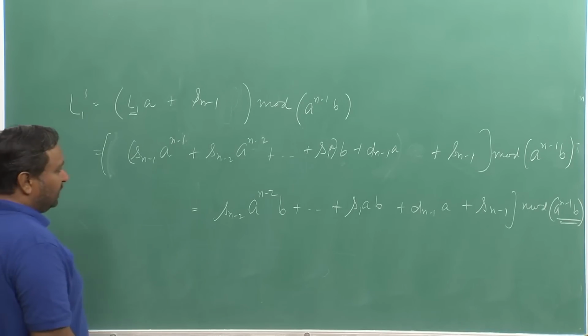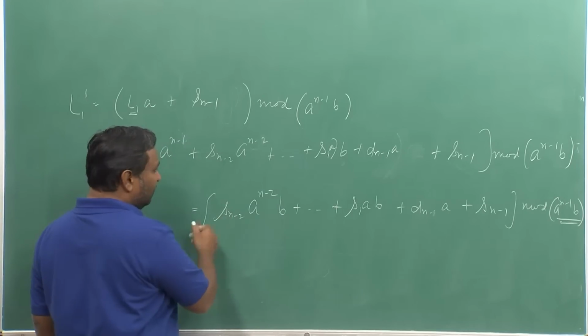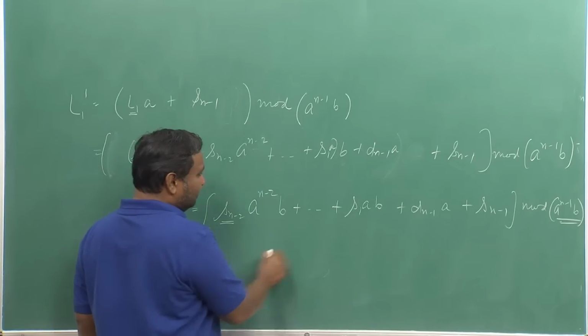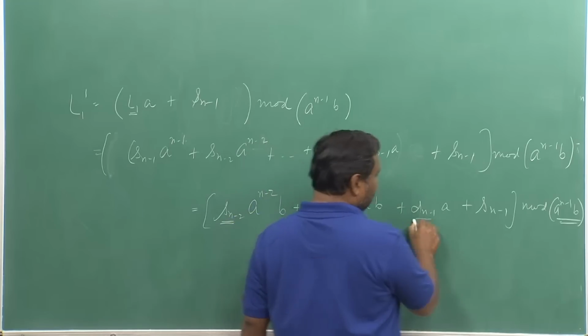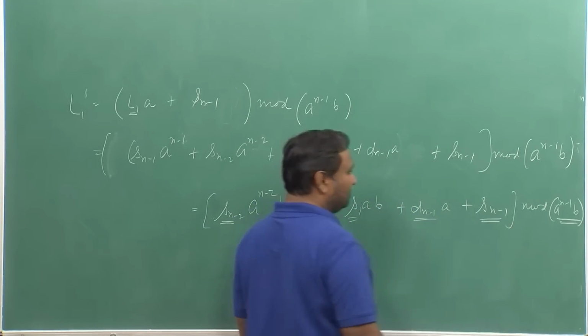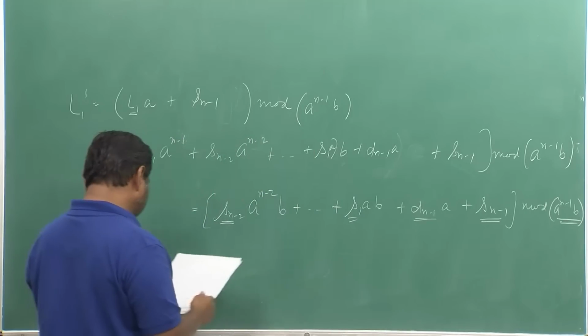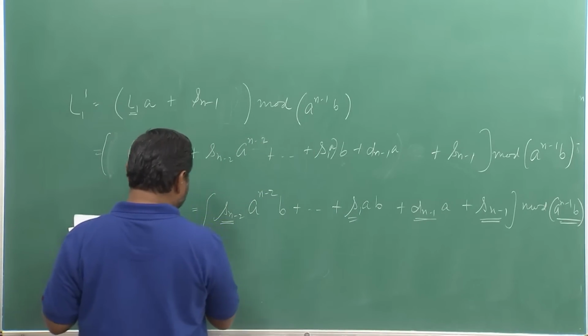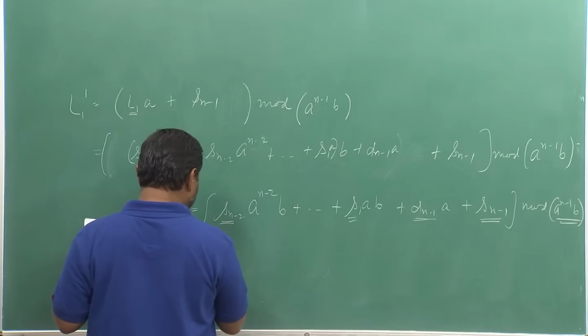So, now I need to find out the maximum value of the modulo, let us see what modulo I will get. Let us put the maximum values of all Sn's, all Sn minus 1, and let us see what I am going to get. Okay. So, this one is going to be maximum A minus 1, so it will be A minus 1.